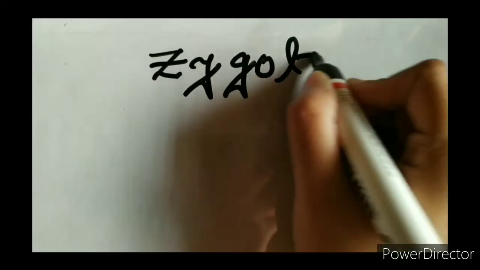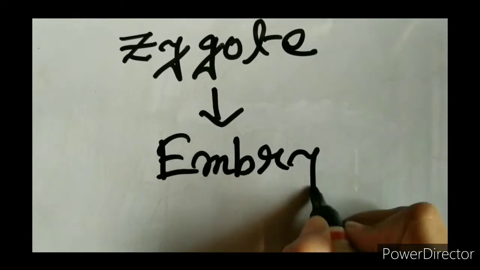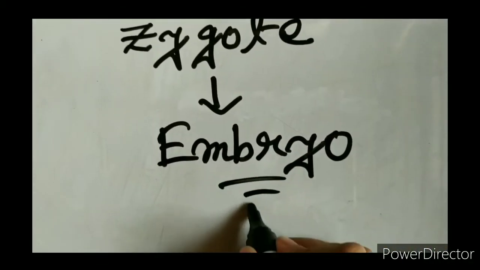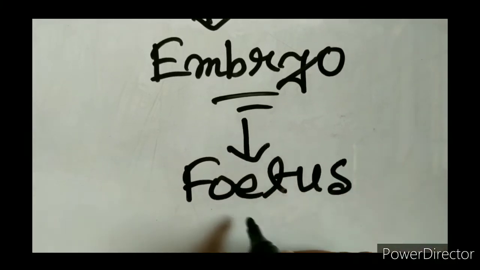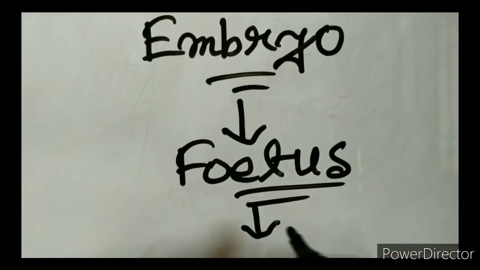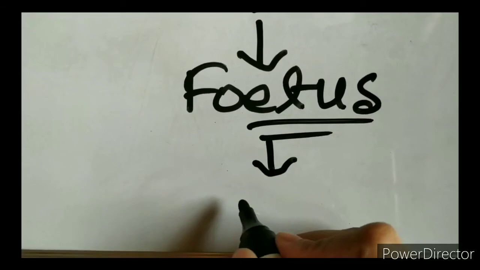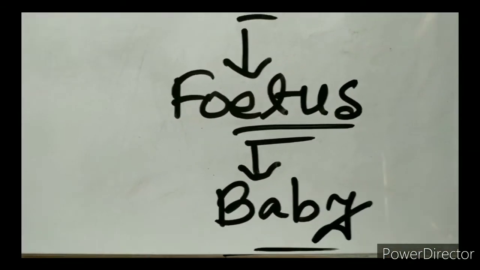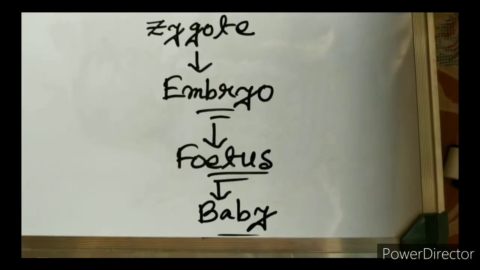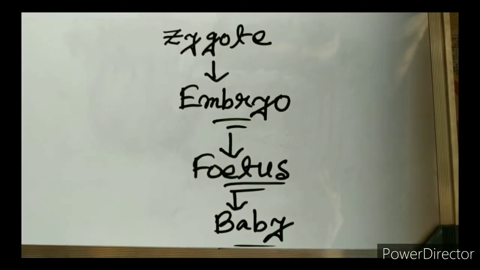The zygote divides to form the embryo. Now, the cells of the embryo further divide to form the fetus. And again, the cells of the fetus further divide to form the baby, the whole organism, or a whole human body.